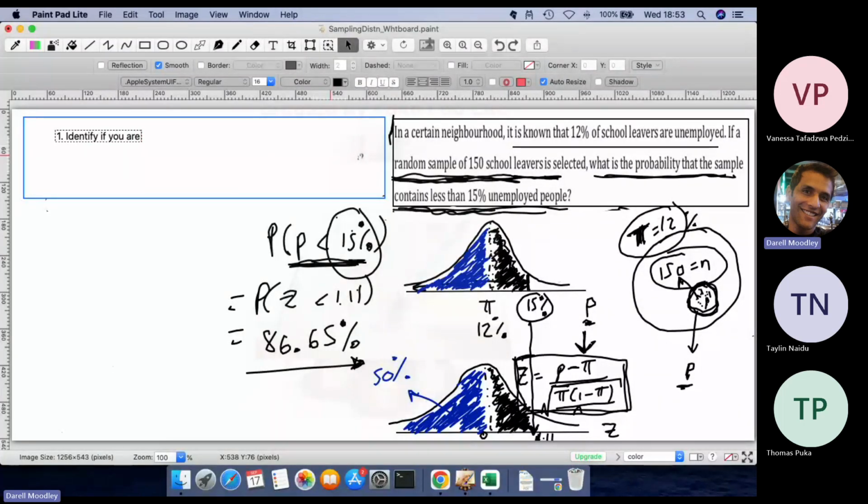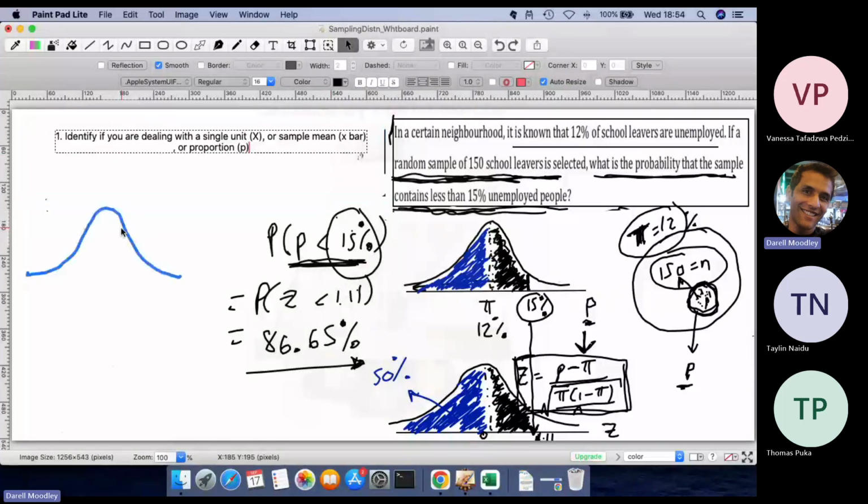If you are dealing with a single unit, which is X, or are you dealing with the sample mean, which is X bar, or are you dealing with the proportion, P. Okay.